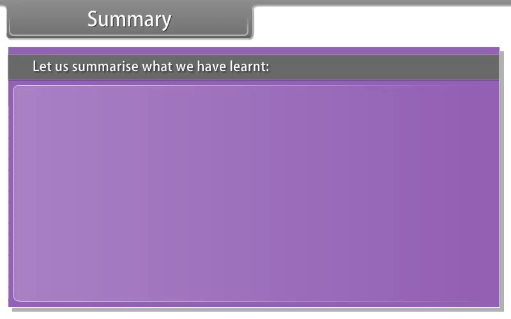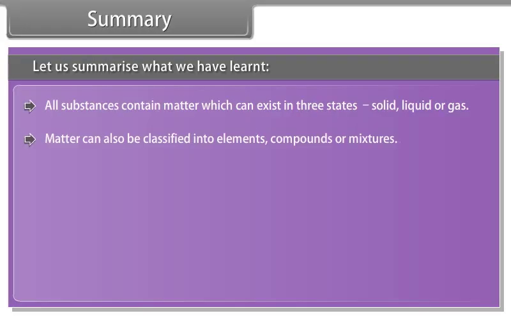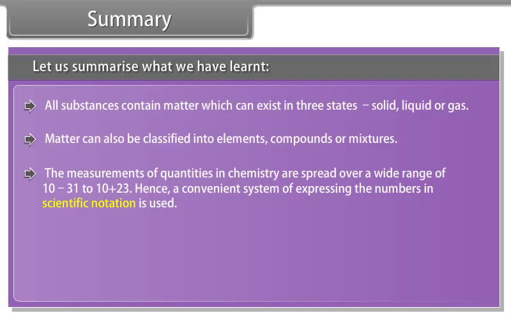Summary. Let us summarize what we have learned. All substances contain matter which can exist in 3 states: solid, liquid, or gas. Matter can also be classified into elements, compounds, or mixtures. The measurements of quantities in chemistry are spread over a wide range of 10^-31 to 10^+23.